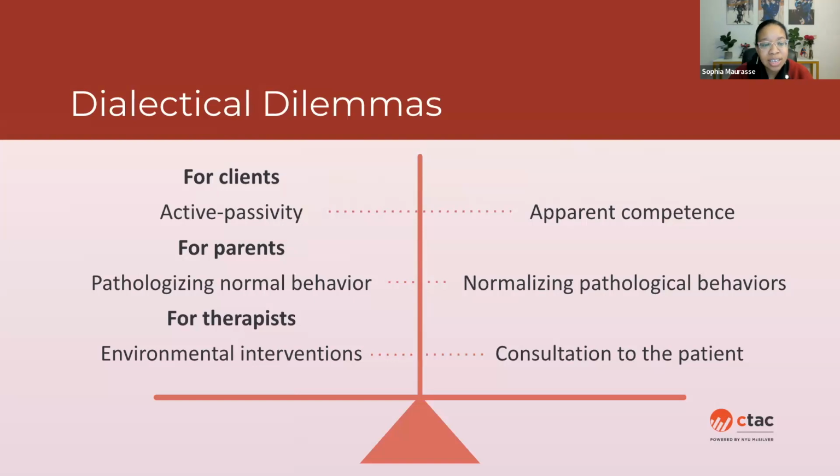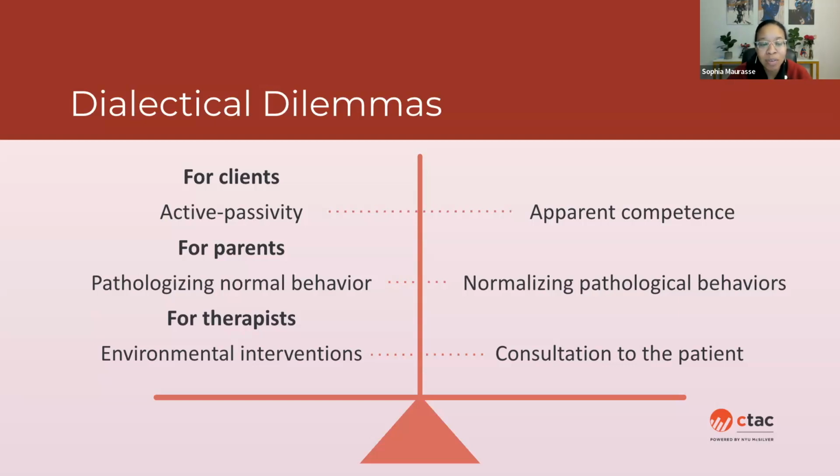So for clients, this may be a state of active passivity where they're feeling helpless, they're feeling hopeless, they're having a very hard time generating the willingness, they're having a hard time getting past the shame or the guilt or the sadness that show up. In that state, we might, as their clinicians, feel compelled to act for them.